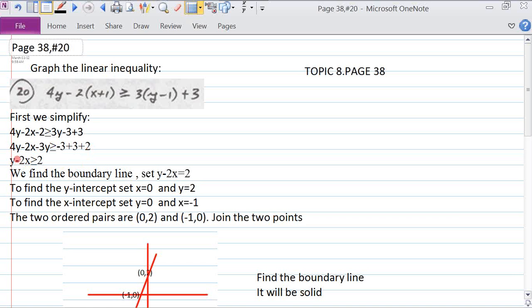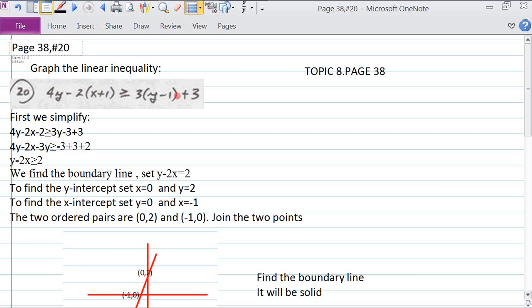So you can see 4y minus 3y gives me y. I still have the minus 2x, so that's that term. And minus 3 plus 3 gives me 0, and I'm left with 2 on there. So this equation right here is the same as this equation right here.